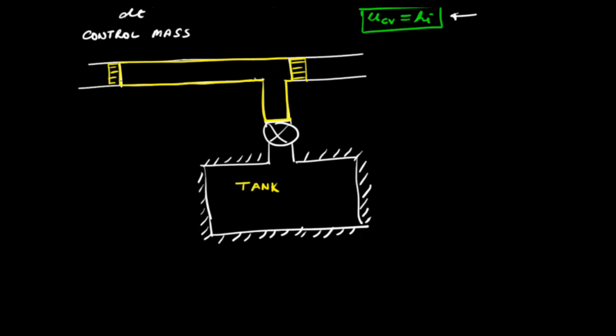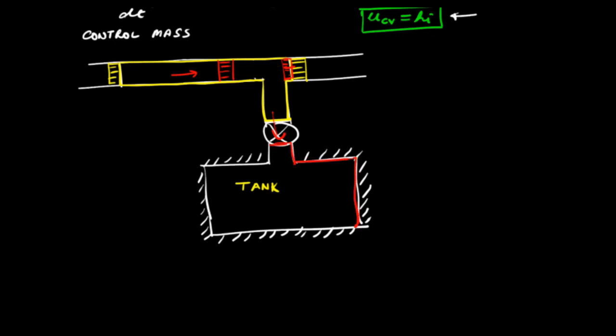Now you can think of this process of charging of the tank as, let's say that these pistons move and they force this gas into this tank, and eventually in the final state all of the gas is within this tank.